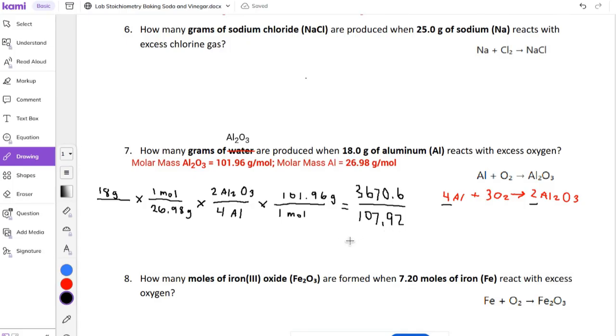And if I didn't make any mistakes, we should get 34 grams. Should have just put G. 34 grams of aluminum oxide, Al2O3.